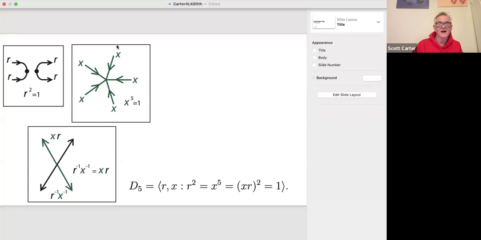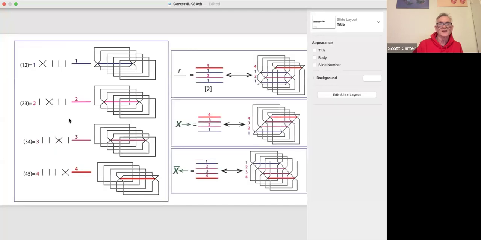So there is a pentagon that's mapped into the classifying space. There's this quadrilateral that's mapped into the classifying space. And I also have this vertex where r squared is equal to 1 mapped in. That's not usually how things are done, but I like to do it that way.